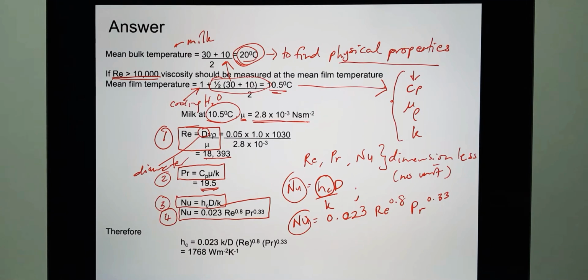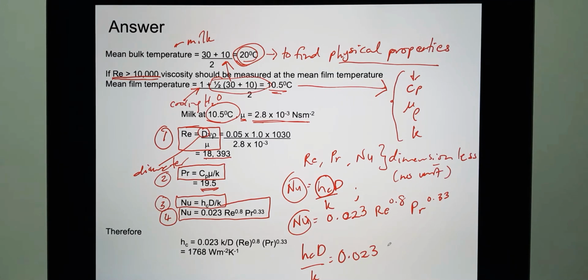In order for you to calculate the value of Hc, what you need to do is equalize the equation of Nusselt equals hcD over K with Nusselt equals 0.023 times Reynolds to the power of 0.8 times Prandtl to the power of 0.33. So one is Nusselt, hcD over K, equals this one, also Nusselt.